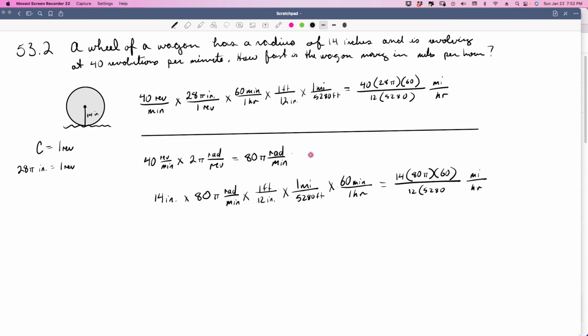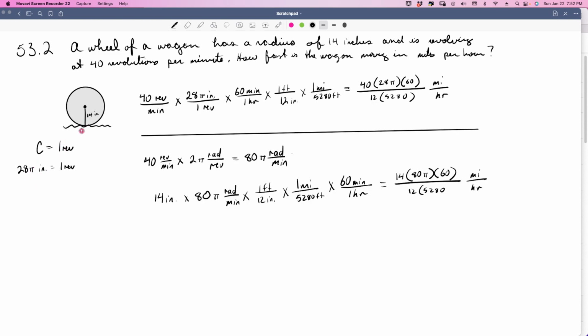A wheel of a wagon has a radius of 14 inches and is revolving at 40 revolutions per minute. How fast is the wagon moving in miles per hour? So this is the way that I worked it, just using what I know about a circle and about unit conversion. I combined the two things together. I said, okay, the circumference is equal to 1 revolution of the wheel.